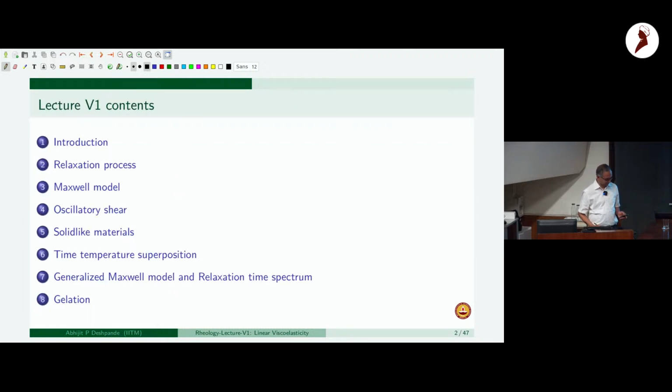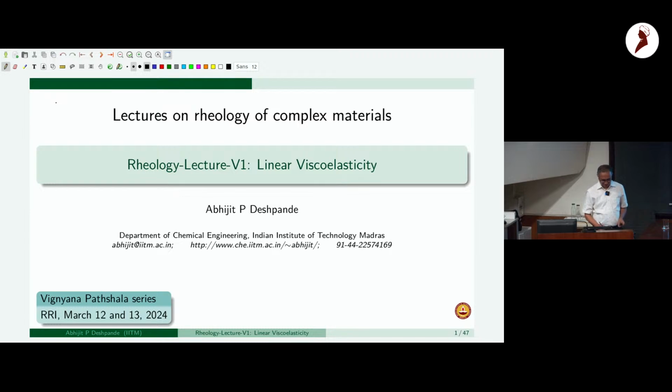We'll look at a series of characteristics that we can get using rheometers, and then look at classes of behavior. The first one is linear response, which implies a small perturbation in either stress or strain.